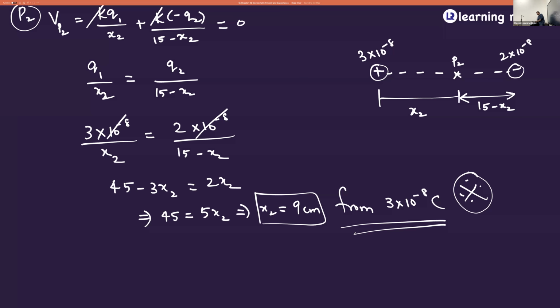Of course, magnitudes also matter. They're of the same value, but the direction is helping the value to get nullified. Whereas, if you want to calculate the potential at that point, had the system been of like charges, then they would have got added. They will never get subtracted.